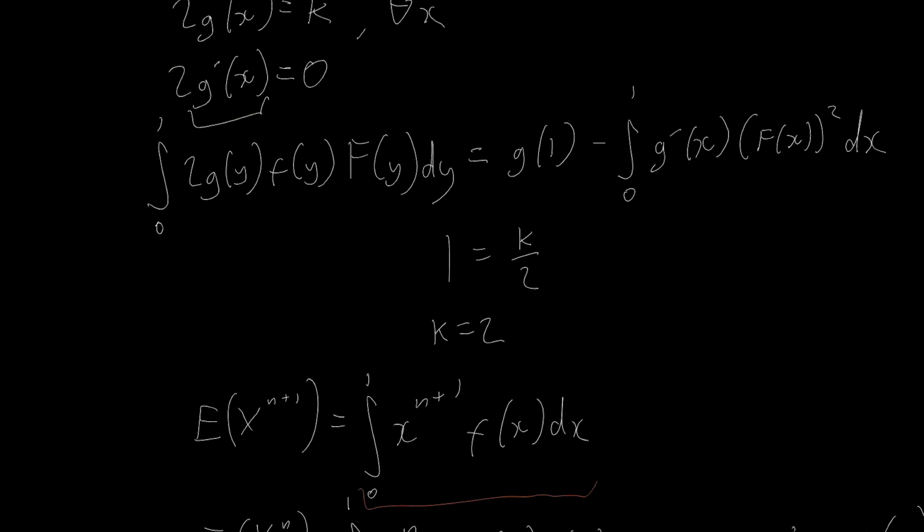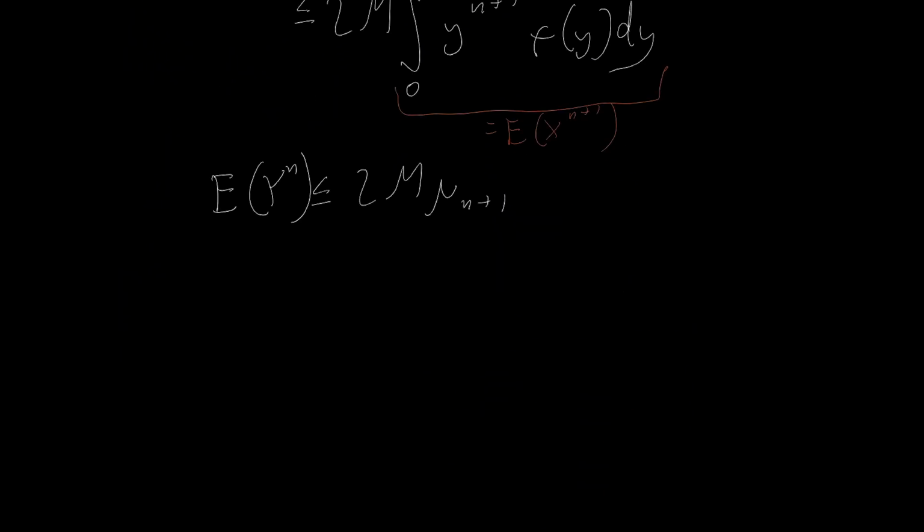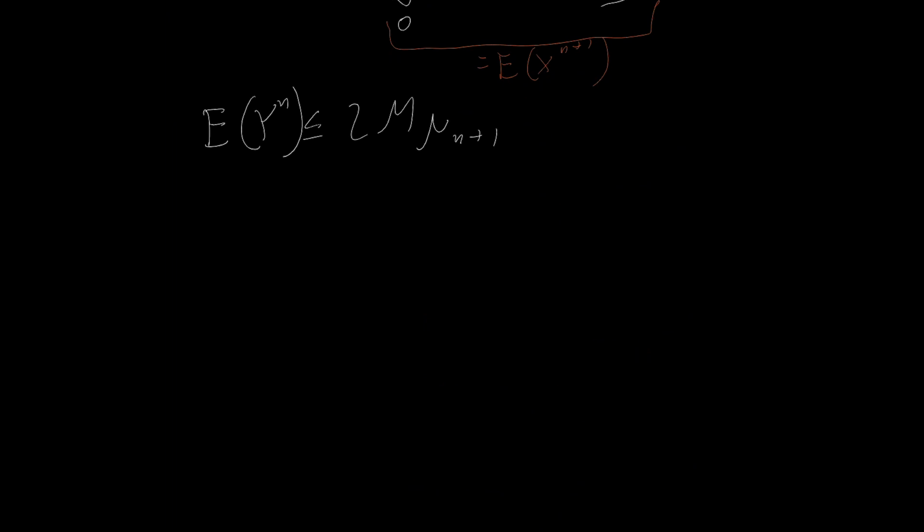So let's think about this expectation value again. So we have E[Y^n], and we had that integral from before. So this was, yeah, the integral of y to the n times 2 f(y) F(y) dy.